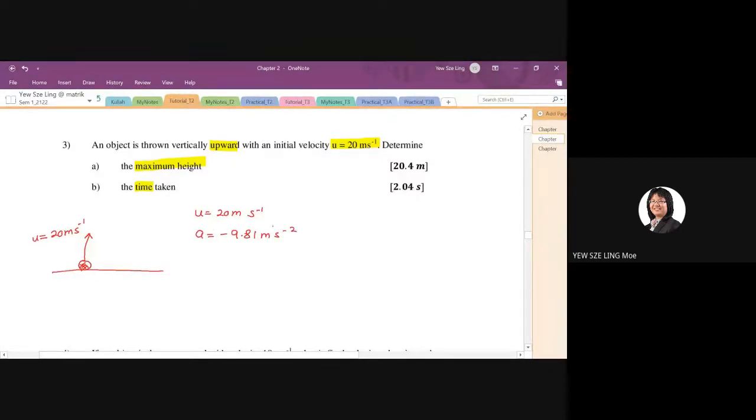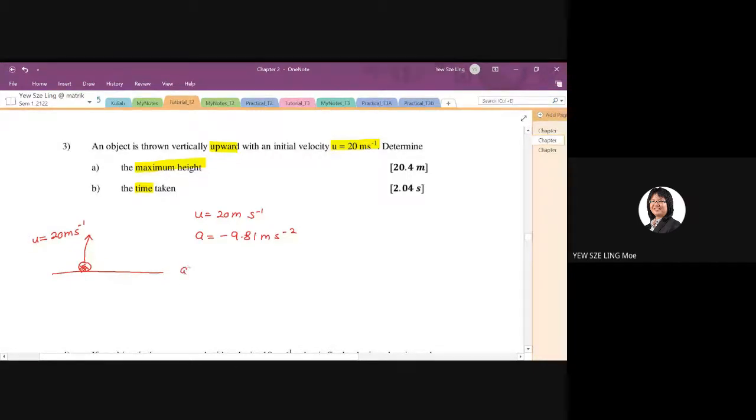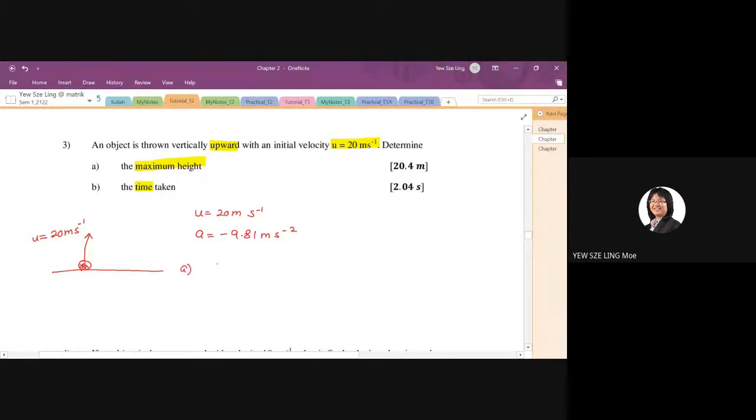Now we don't have enough information though, because question A asks you to determine the maximum height. Height is a distance, a displacement, so s is an unknown. In order to apply the 4 linear equations, we need 3 known variables and 1 unknown variable, which means there must be some hidden information that we haven't noticed.